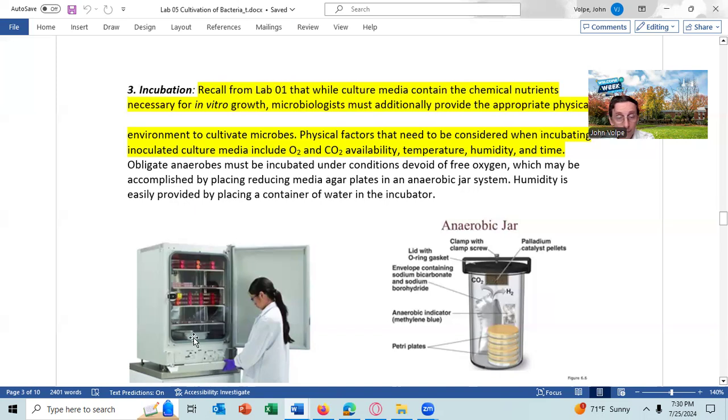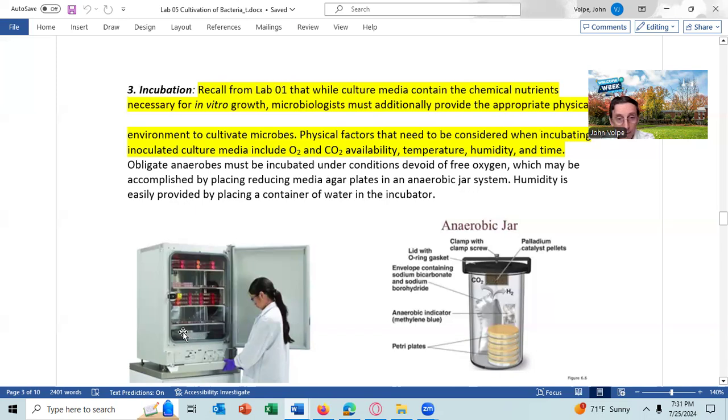The humidity is actually important because when you're growing your microbes in the incubator, the liquid will come out of the plates, or in this case, the dishes, and will evaporate. And eventually that will kill the cells.